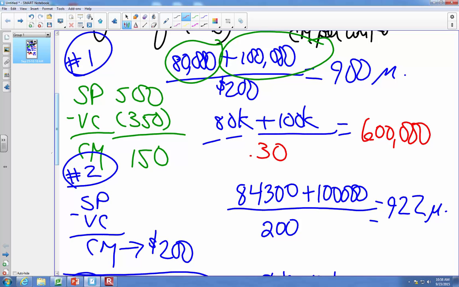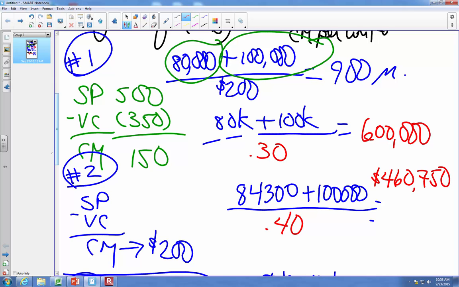Example number 2, what's my percentage? 200 divided by 500, it's 40%. What dollar volume of sales? How much? 460,750.